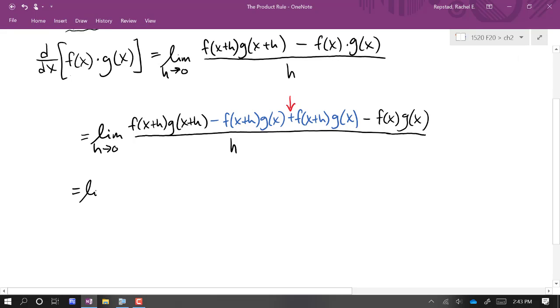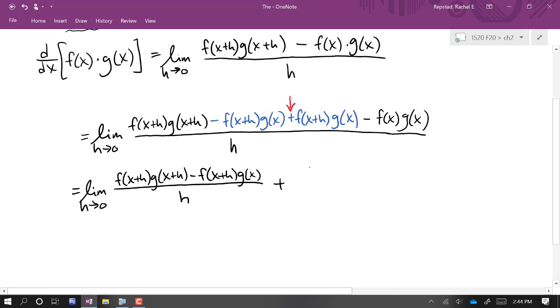So we're going to have the limit as h approaches 0 of f of x plus h, g of x plus h, minus f of x plus h, g of x, all over h, plus f of x plus h, g of x, minus f of x, g of x, all over h. And this is all in this limit.